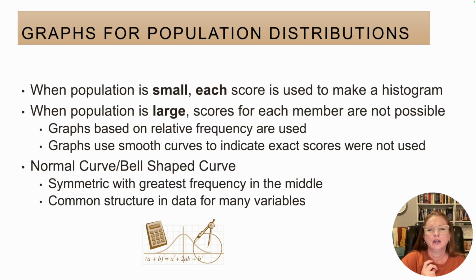Okay. When a population is small, it's okay to report on each score when you're making a histogram, a bar graph, whatever. When the population is large, scores for each one of the members aren't possible. So that's when we start doing relative frequencies, or what we call grouped frequencies, and that's when we start using smooth curves, right?